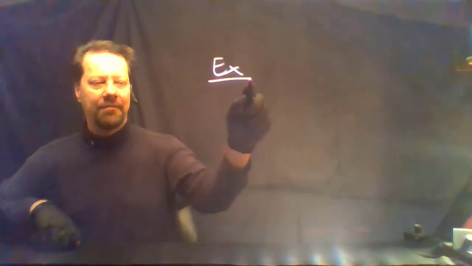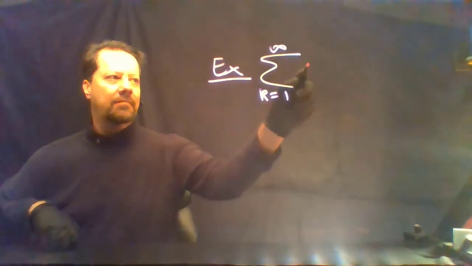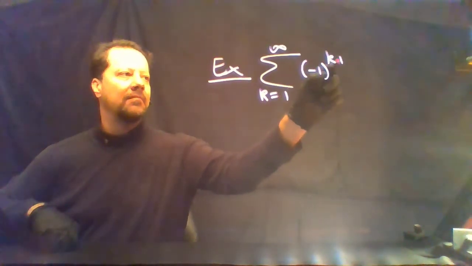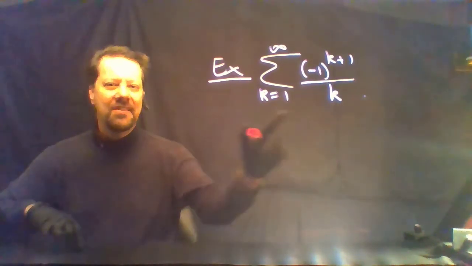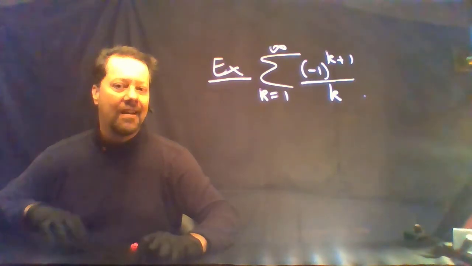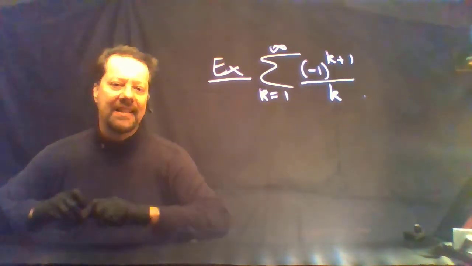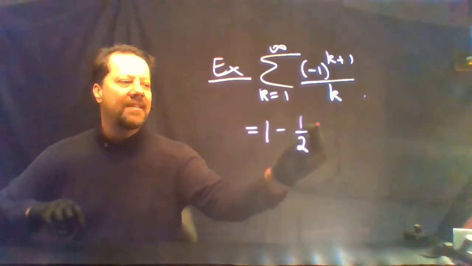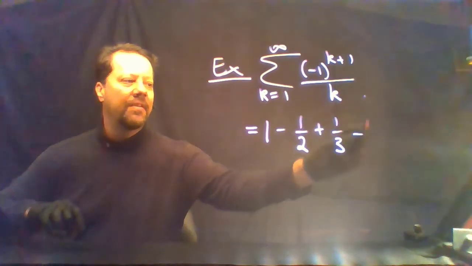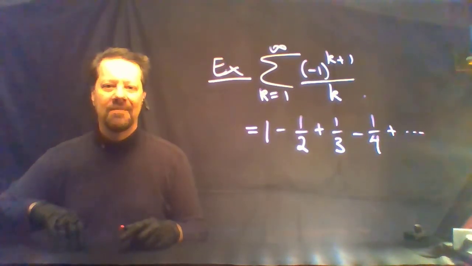There's a classical example that you need to be aware of. This series looks a lot like the harmonic series. What makes it different is that it's alternating in sign. This is going to be 1 minus a half plus a third minus a fourth, and so on.